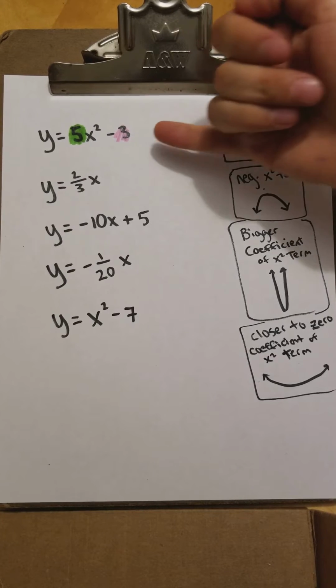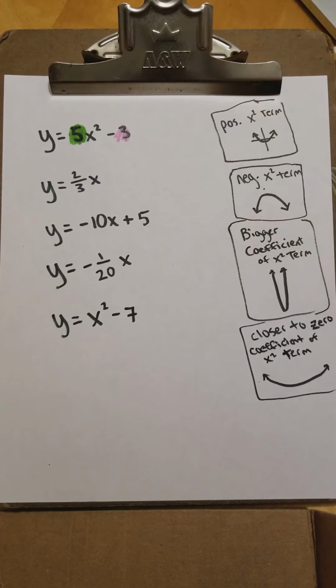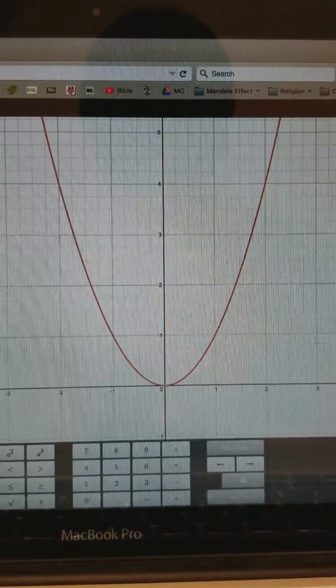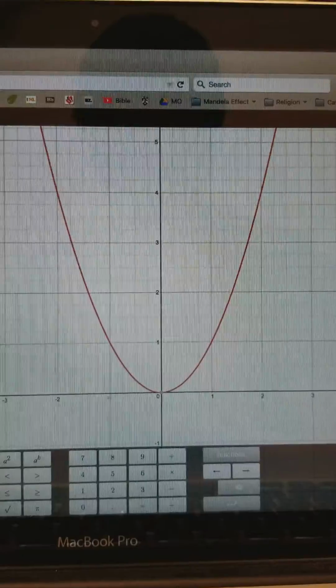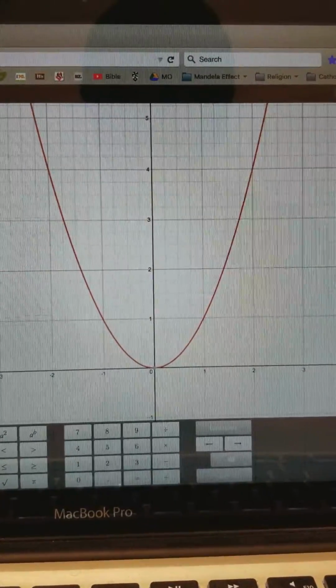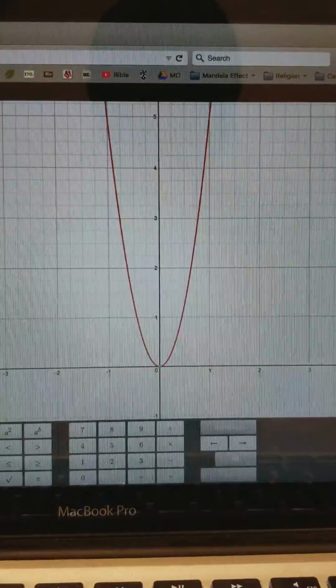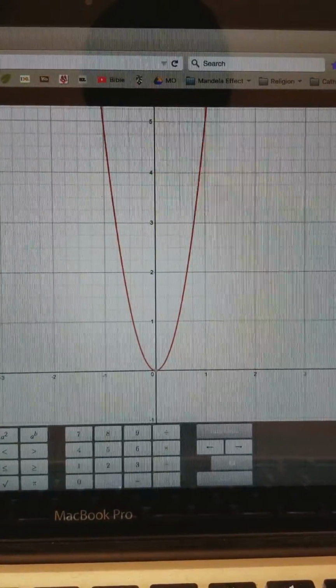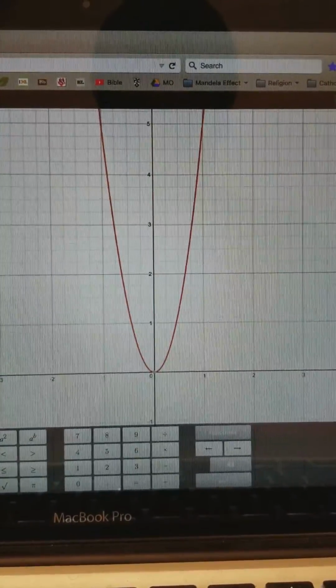Next, we look at the constant term, which happens to be negative 3 here. So our parabola is going to shift down 3 units. So here is y equals x squared. And if I put a 5 in front of the x squared, it makes the parabola much steeper and narrower.